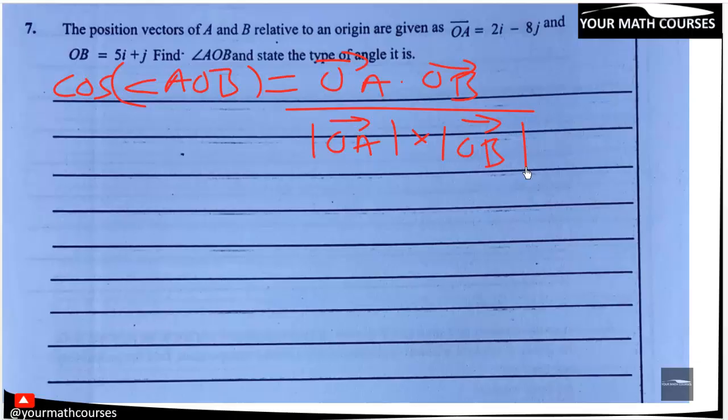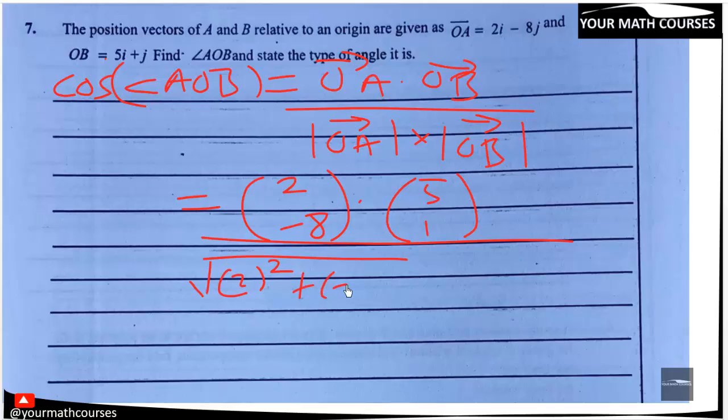Now OA dot OB will be equal to vector OA, which is (2, -8), dot vector OB, which is (5, 1), all over the magnitude of OA, so square root of 2 squared plus 8 squared, times the magnitude of OB, square root of 5 squared plus 1 squared.